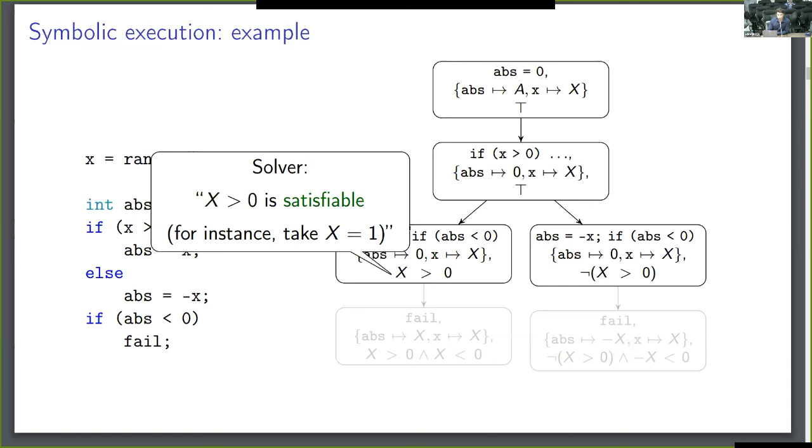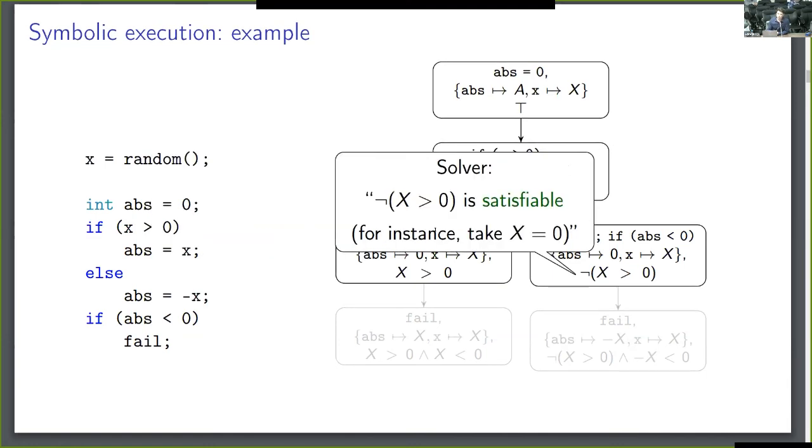So by just one query to a solver, we have already discovered one input that covers half of the initial ABS program. Then we ask the same thing about the second constraint. And of course, it says that we have non-positive numbers, for instance, 0. And again, we have discovered the second input. So we have already covered 2 branches of the ABS just by giving 2 queries to a solver.